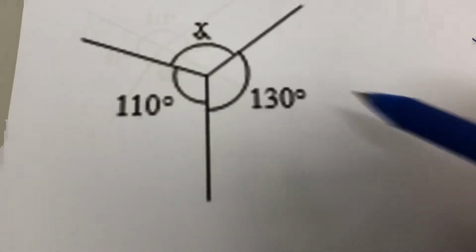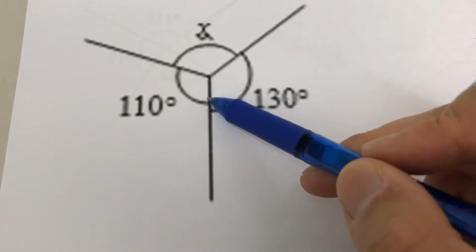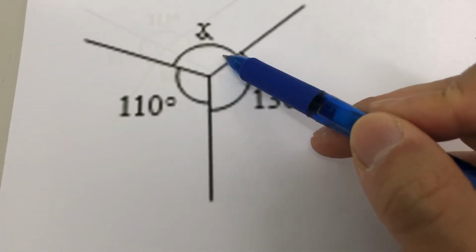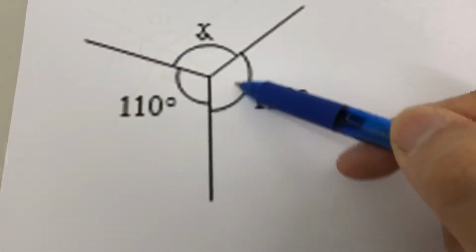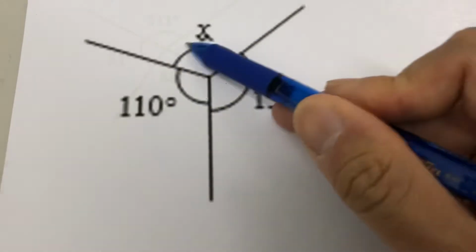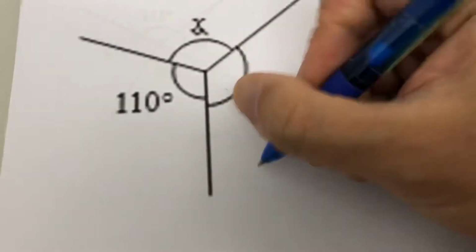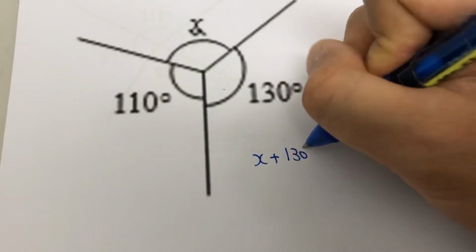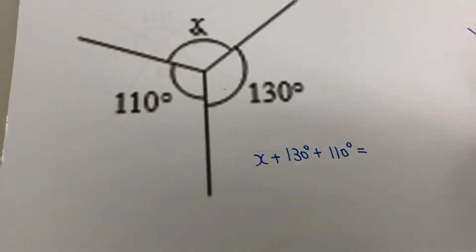Here. So, are you able to find the value of x? Look at these three angles. What if you add these three angles up? They become what? Yes, they become a full circle. Therefore, if you add them up, x plus 130 plus 110, what is the result?